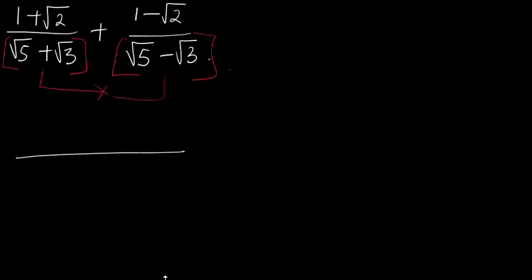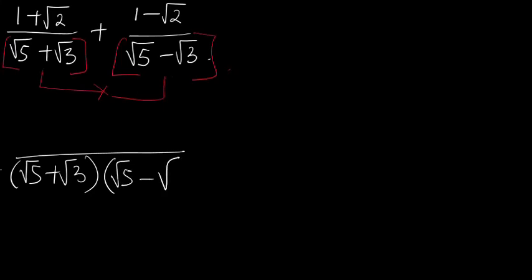So that means you have (square root of 5 plus the square root of 3) times (the square root of 5 minus the square root of 3). So this will now be the denominator.